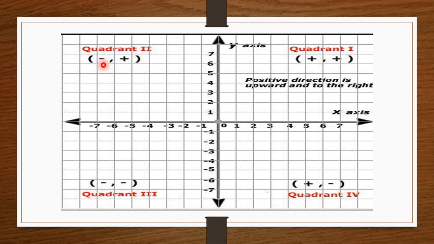That's why it's negative x and positive y. Quadrant 3, we have negative for x and negative for y. That's why it's negative and negative. Quadrant 4, this is positive for x and negative for y. That's why it's positive x and negative y.